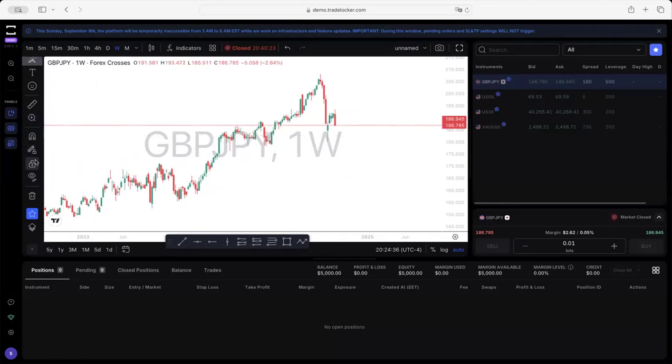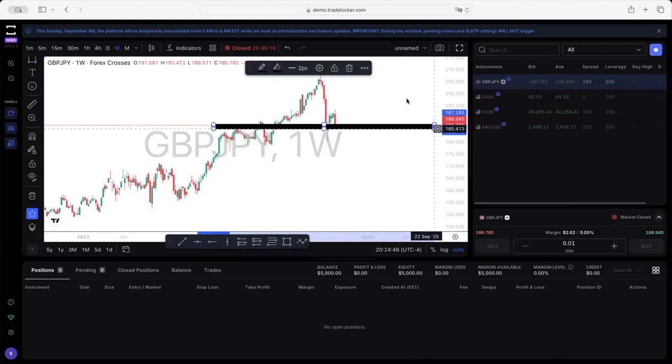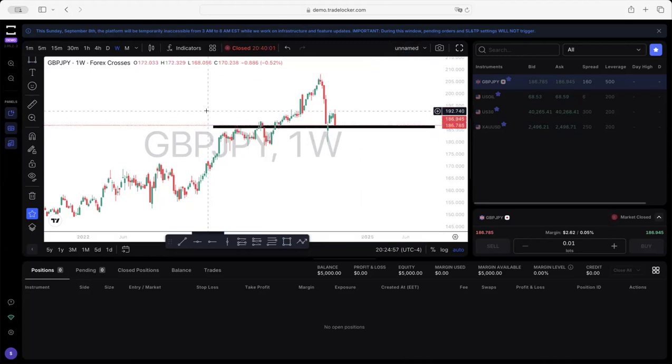All I'm going to mark up are the key zones. So we know we have a key zone here. We know we have a key zone here, and I'm going to try to make this as small as possible, so when we get to the daily and weekly, it's not a huge box.